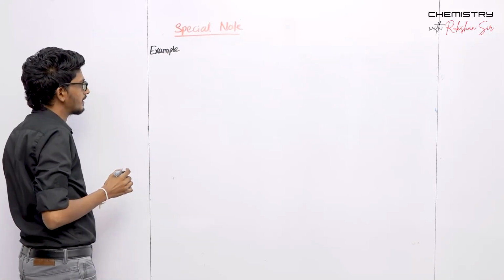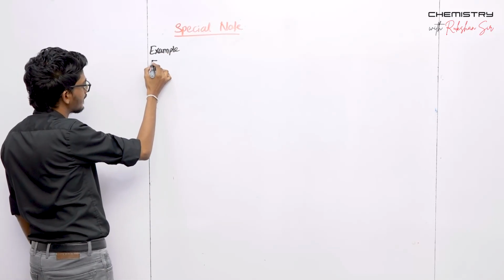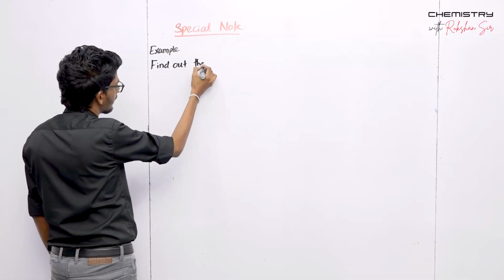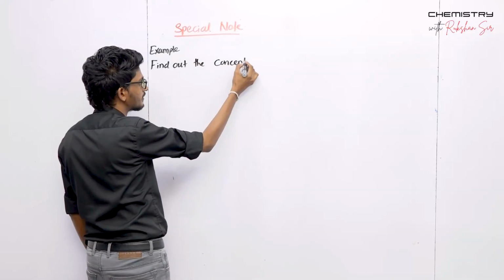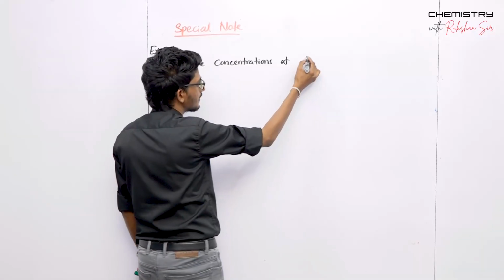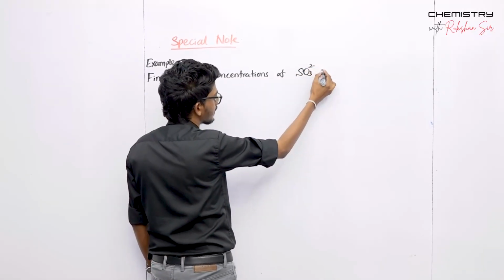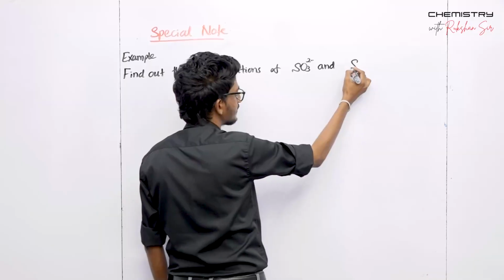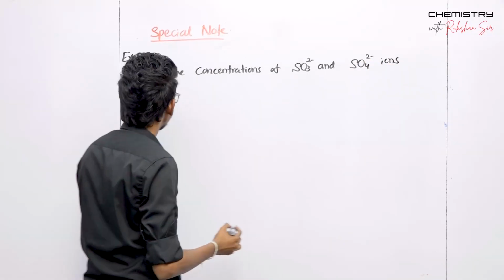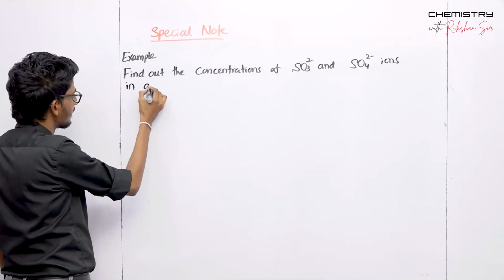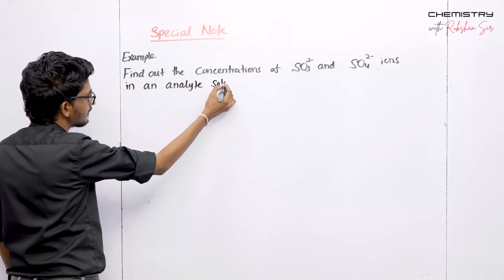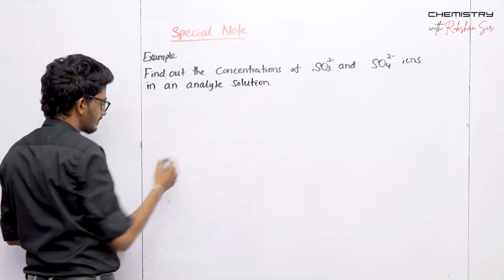So let's say you have this kind of a procedure to find out the concentrations of sulfite and sulfate ions in an analyte solution. Right.